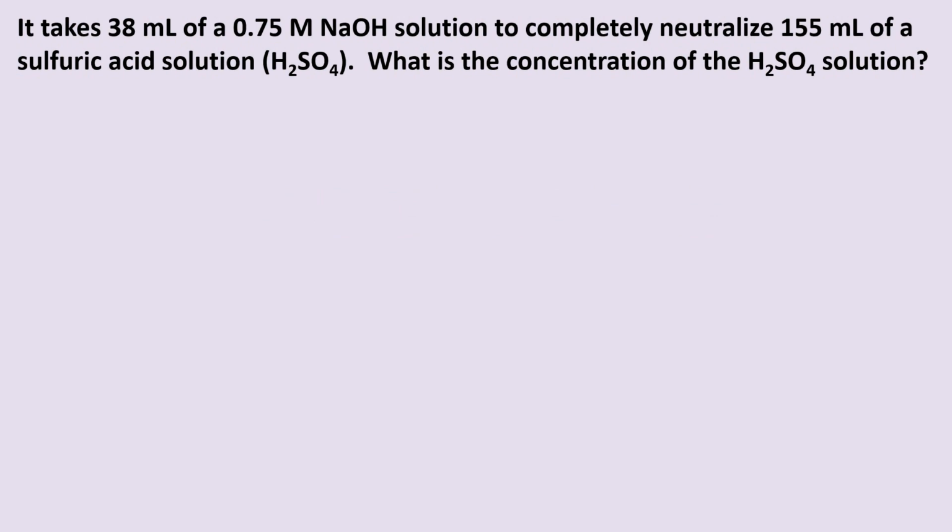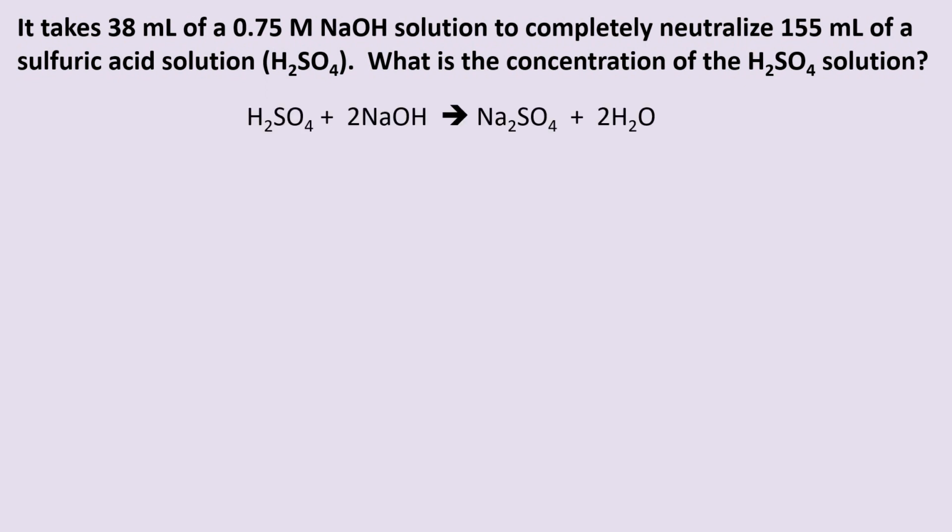Practice problem 3. It takes 38 milliliters of a 0.75 molar NaOH, or sodium hydroxide, solution to completely neutralize 155 milliliters of a sulfuric acid solution, H2SO4. What is the concentration of the H2SO4, or sulfuric acid, solution?